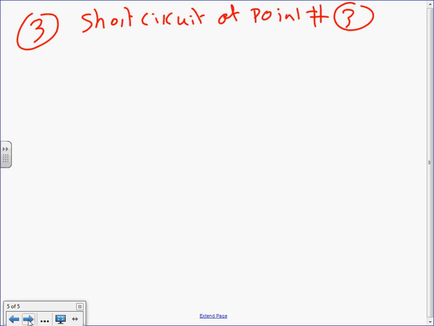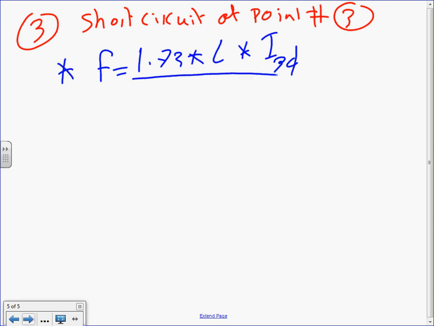So let's come over here and say f equals 1.73 times L times I 3-phase, divided by C times N times V.